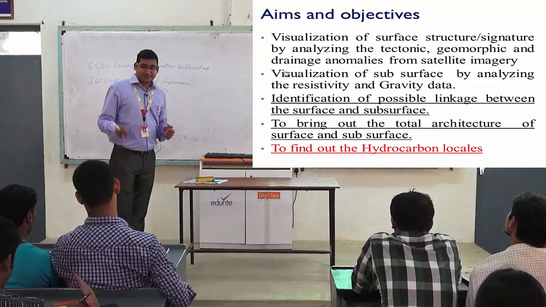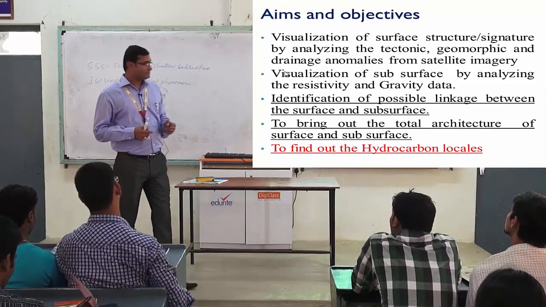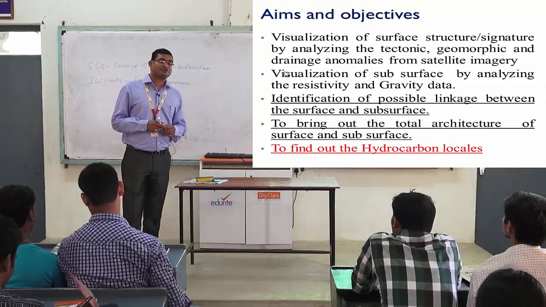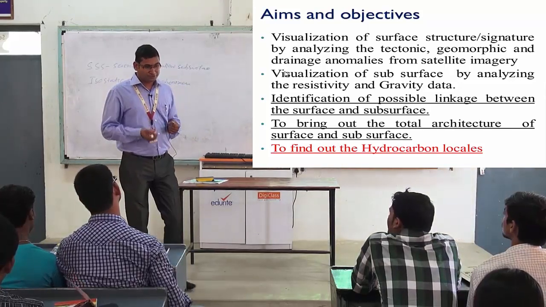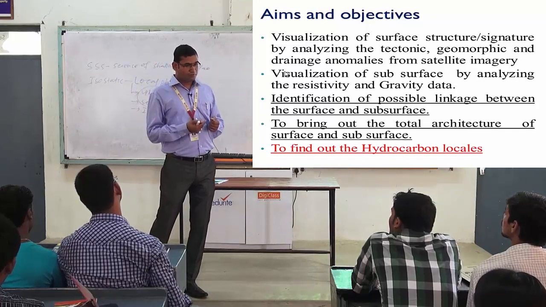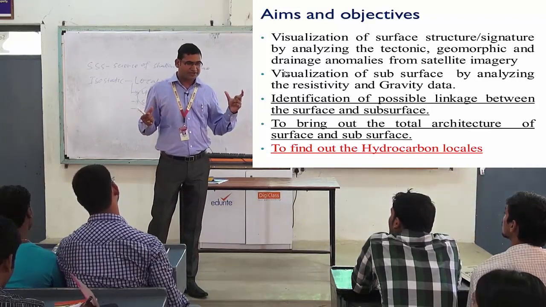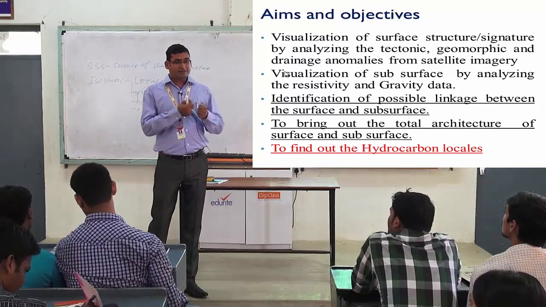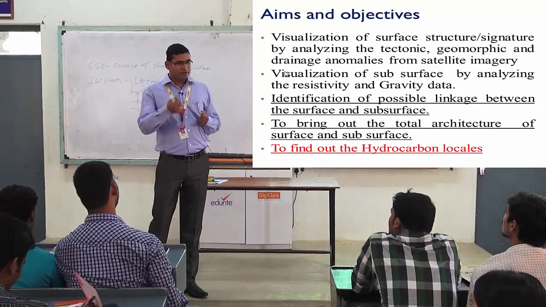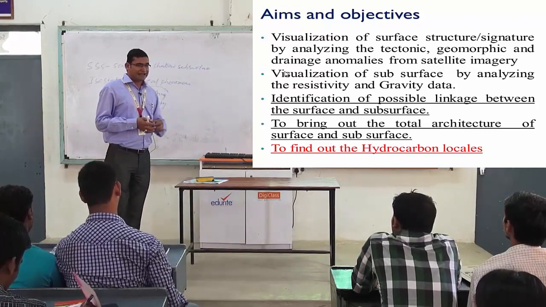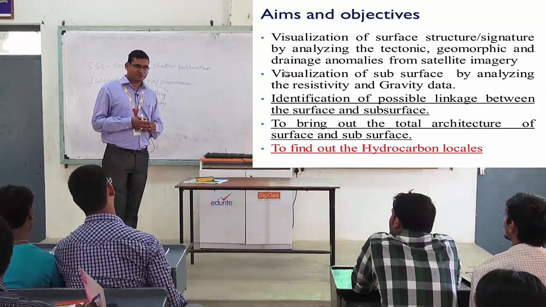Then identification, and I am underlining this, identification of possible linkage between the subsurface and the surface, because whether there is a positive correlation or not, or something is coming positive and something is coming negative. So what are the drastic changes? We will bring out those structures. Then to bring out the total architecture of the surface and the subsurface.